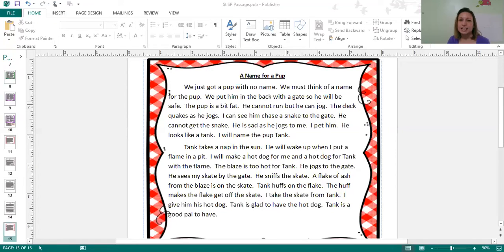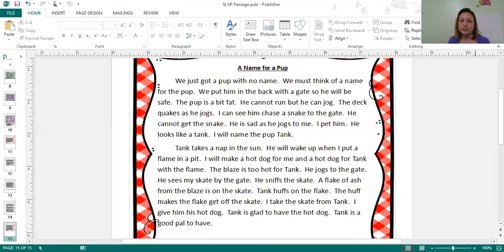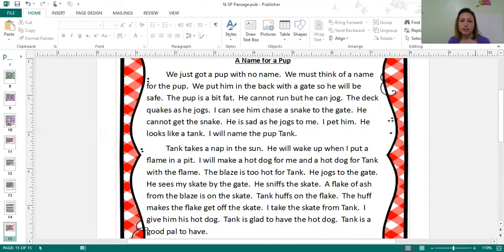Okay, we are going to move into reading our passage. So here we go. And this is a name for a pup. So go ahead and read that as best as you can. Take your time.